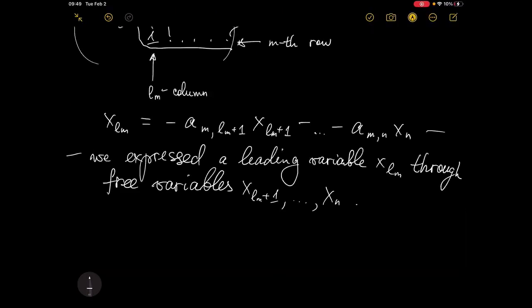Okay, we see that it works for the bottom row, right? Clear or not?